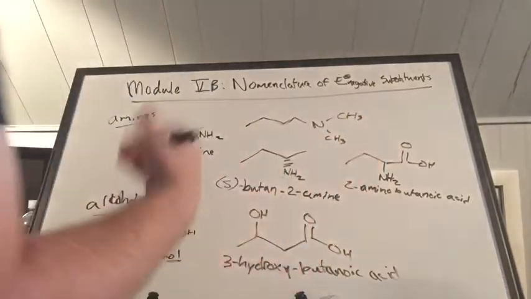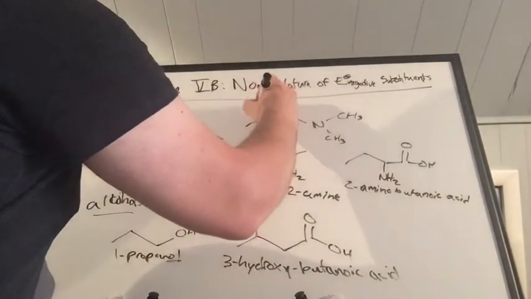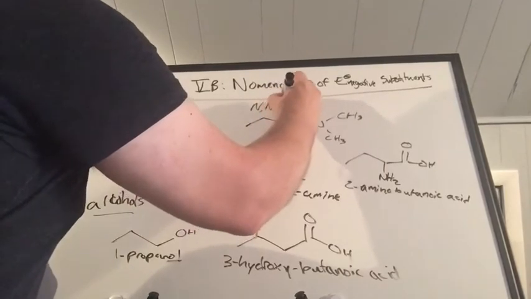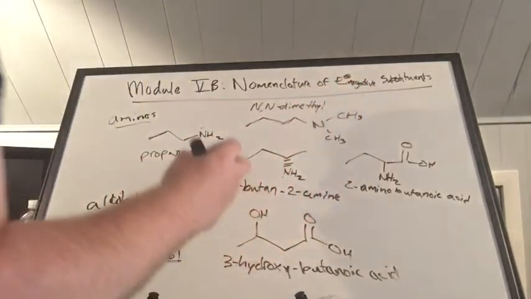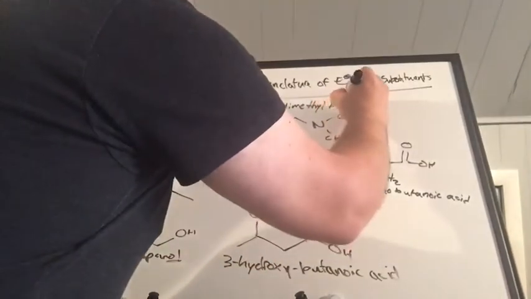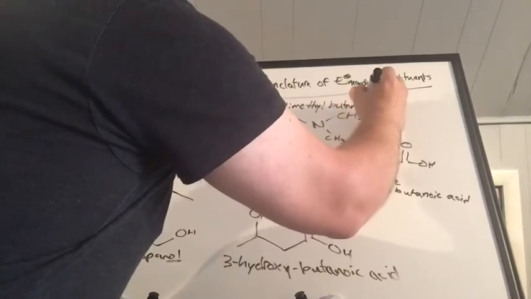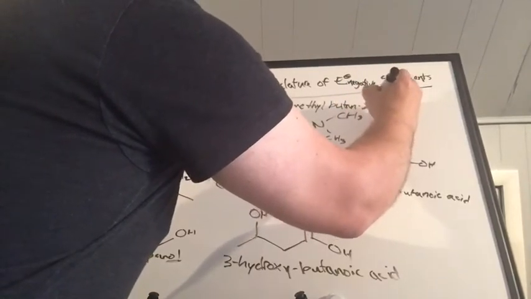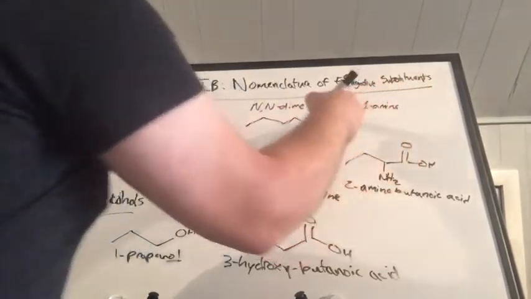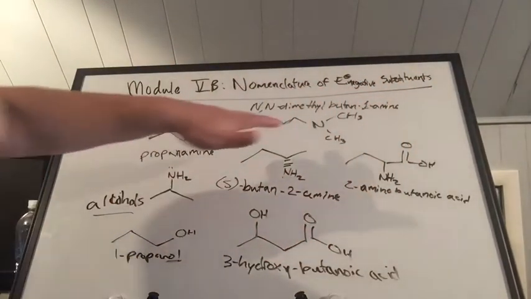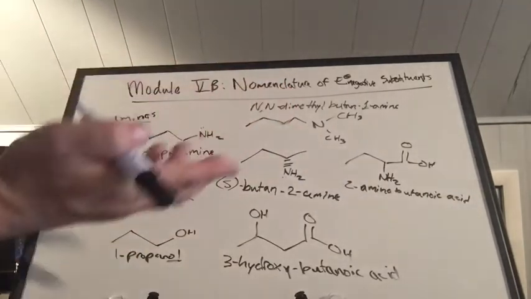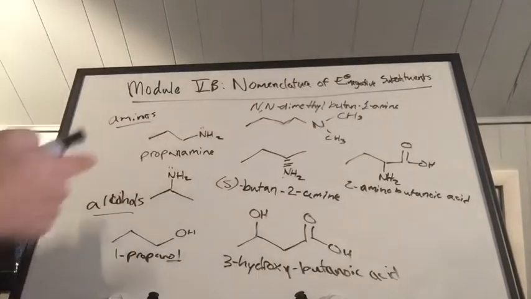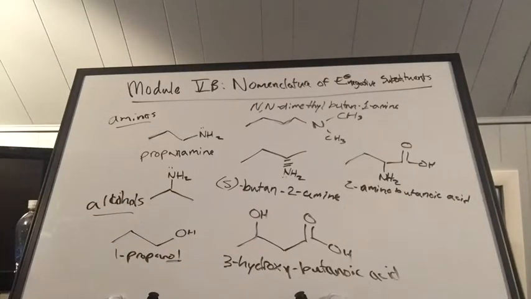Those 2 methyls you would put N,N-dimethylbutan-1-amine. So this locator number is just to tell you where that particular amino group is branching off, and that N,N is going to tell you, again, those methyl groups are going to be directly attached to the N group, or the amino as it is.